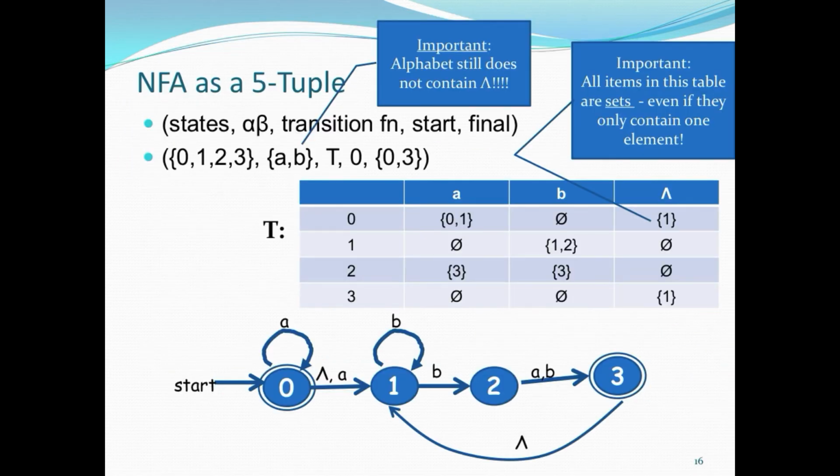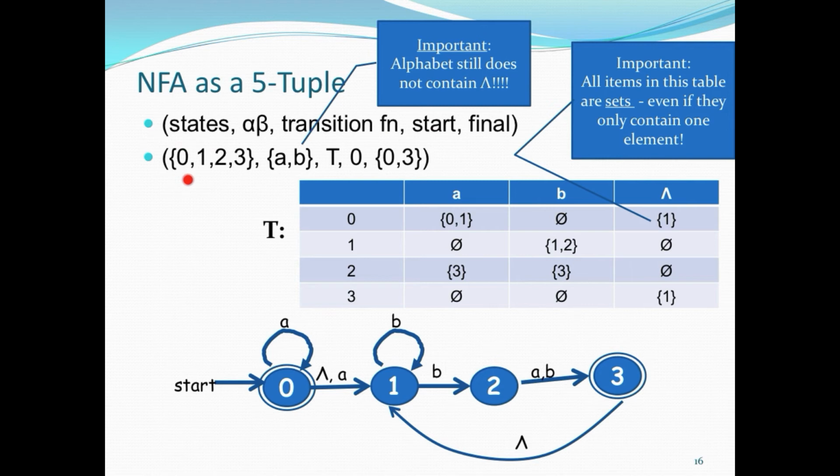So as you might have guessed, it's going to be very, very close, but it's not exactly the same. The first difference that you'll find, and all the differences are in the transition table, right? If you look at this, we still have the states followed by the alphabet, transition function, start, and final.